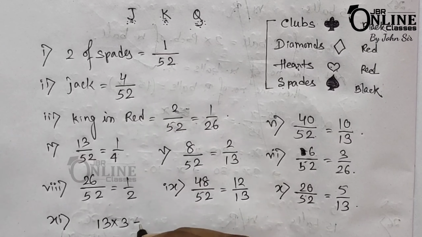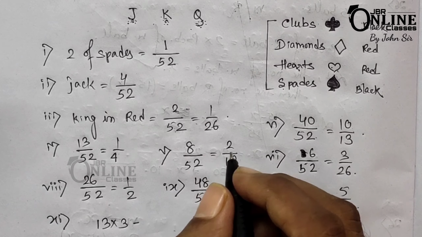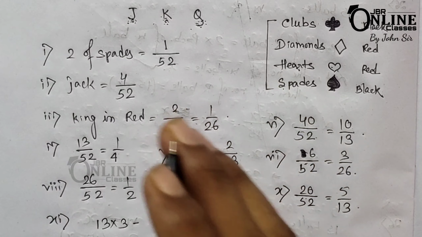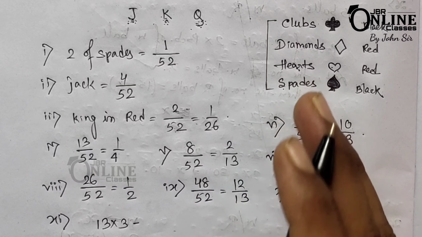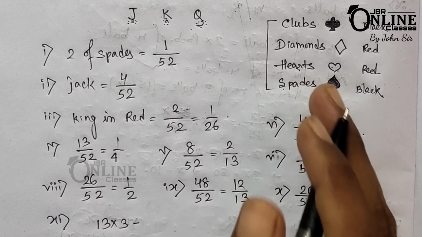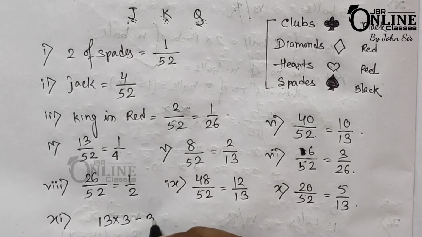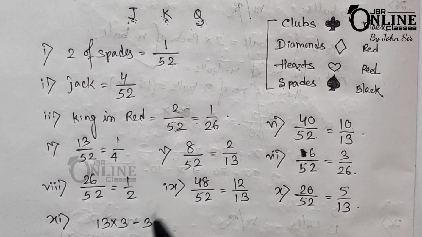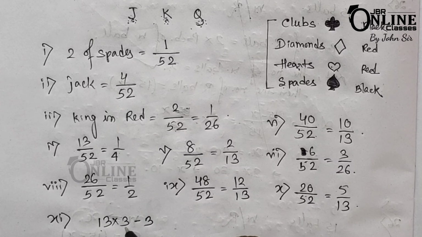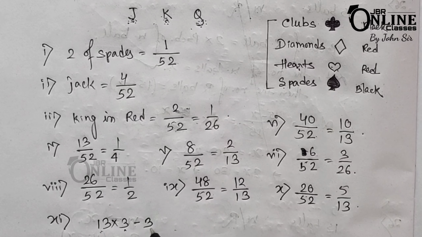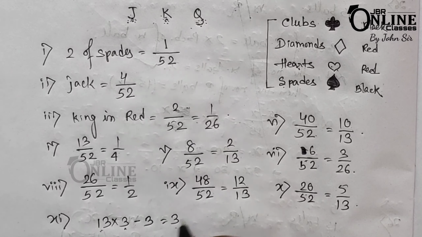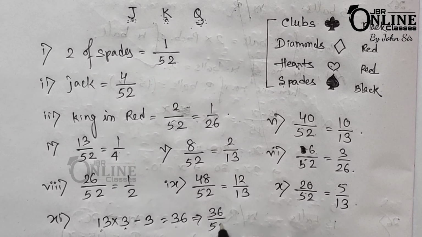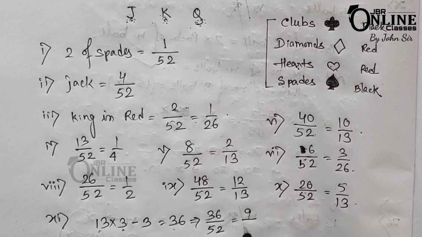Now from that you have to subtract the jack cards also, as the question is neither a spade nor a jack. That means you cannot count the spade as well as the jack cards. So there are 3 jack cards also, because the spade jack is already excluded in that portion. So 13 into 3 minus 3, and that equals 36. So the probability is 36 by 52, and that equals 9 by 13.